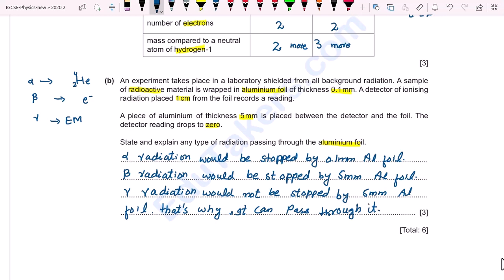So gamma radiation is basically the radiation that passes through the aluminium foil of thickness 5 mm.